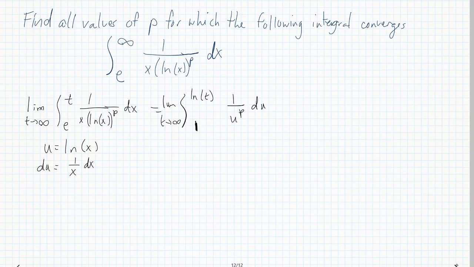So notice this becomes limit as t goes to infinity of, probably an easier way for us to write this would be u to the negative p. And so then you can see that this is going to be u to the negative p plus 1 all over negative p plus 1, evaluated at 1 and ln t.